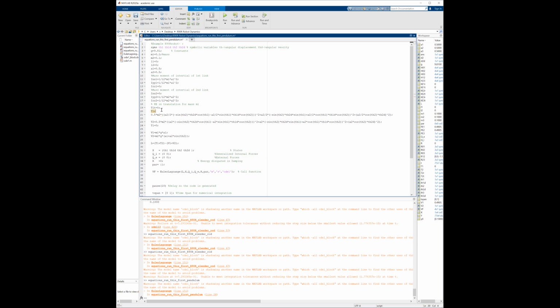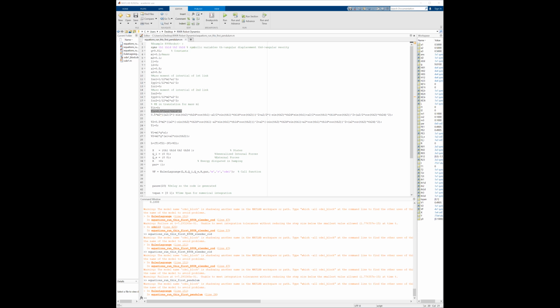T1R is equal to 0.5 multiplied by Izz1 multiplied by theta1 dot square. Now please note Izz1 is 0.